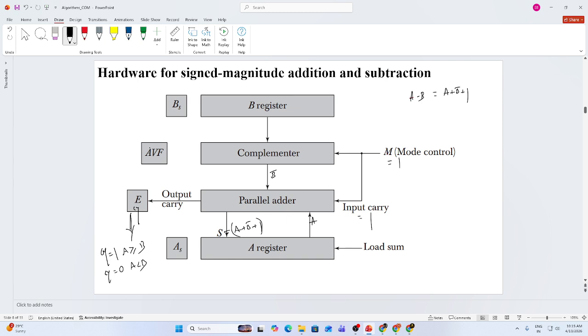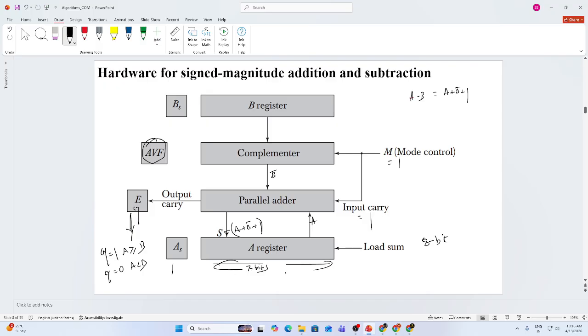Finally, AVF is nothing but the overflow. What is overflow? For example, if I want to get an 8-bit result, 1 bit is reserved for sign. The remaining 7 bits I store in the magnitude, in this A register.